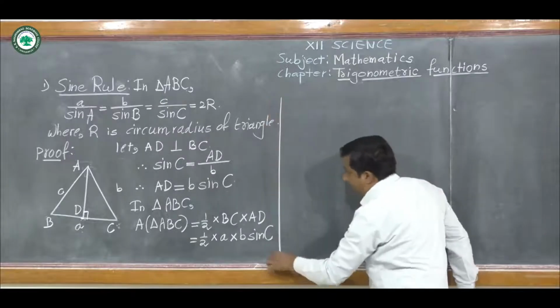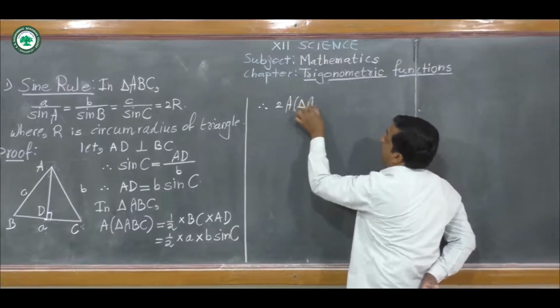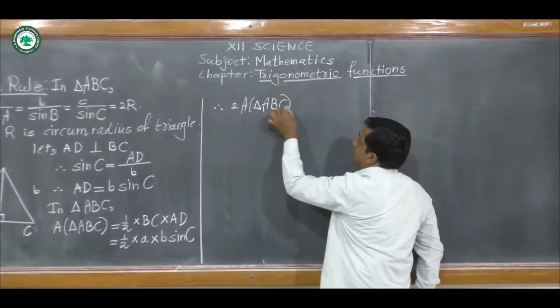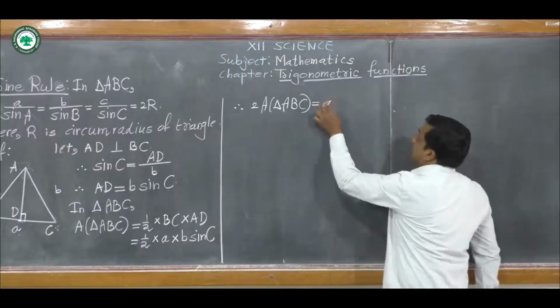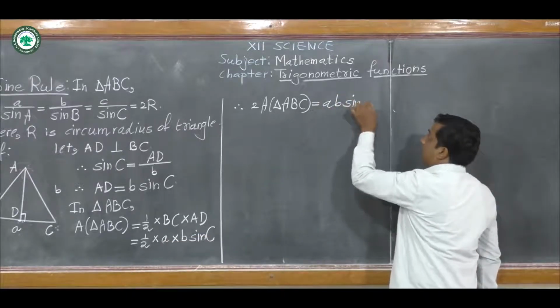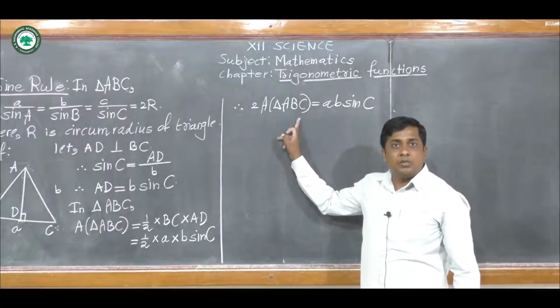Here again I write this as 2 times area of triangle ABC is equal to AB sine C. We get this relation.